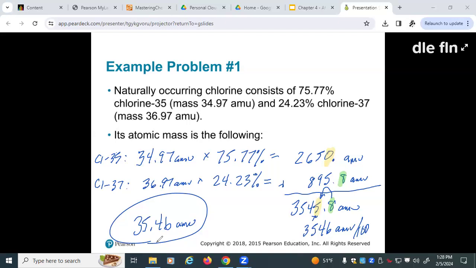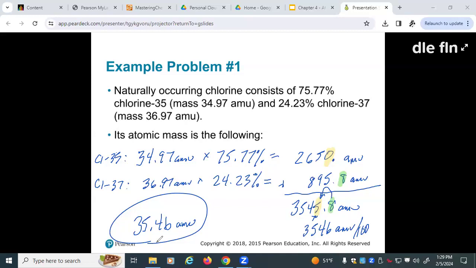The difference between our answer and that answer there is rounding. But we're correct all the way up to that last significant figure. So this process is what we use to get any of those numbers on the periodic table. The only difference between the numbers that we might calculate and those is the degree to which we round.